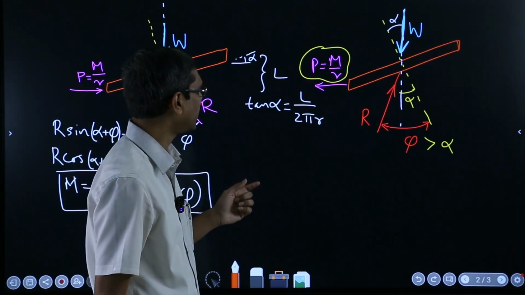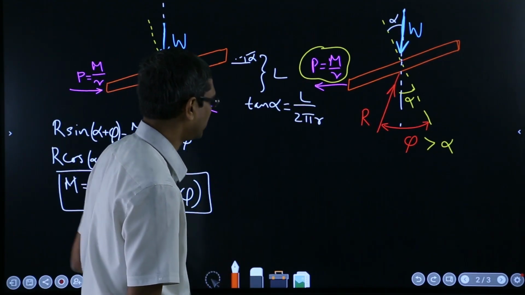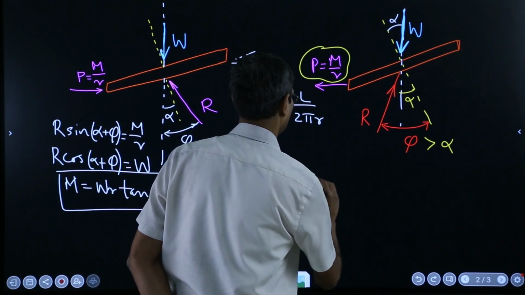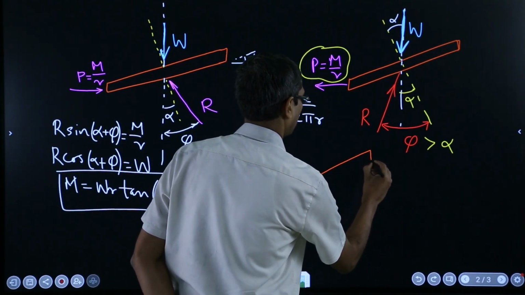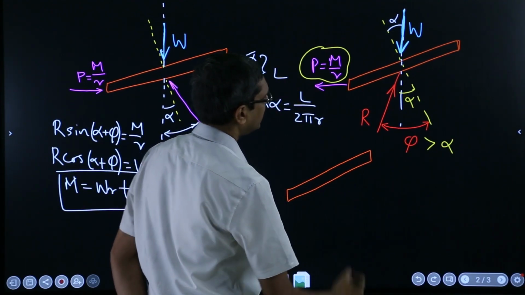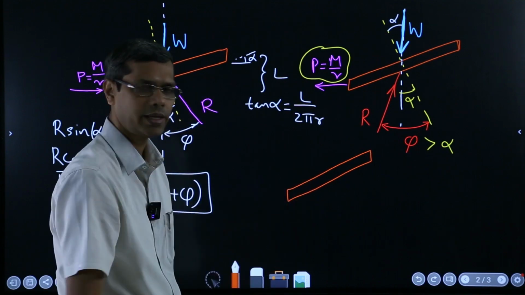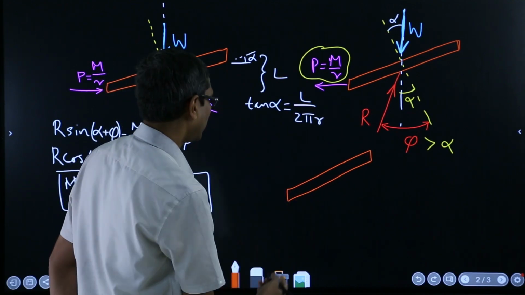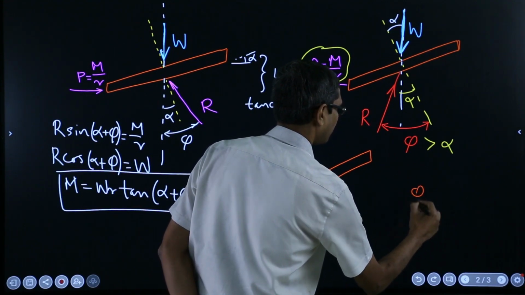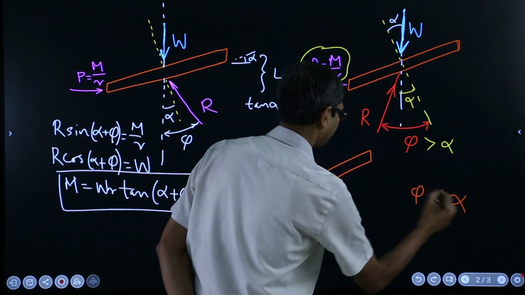And then how to find that out? Let me draw another picture. Like that here. Now alpha is very high, so alpha is more than phi. So in this case, your phi is less than alpha.